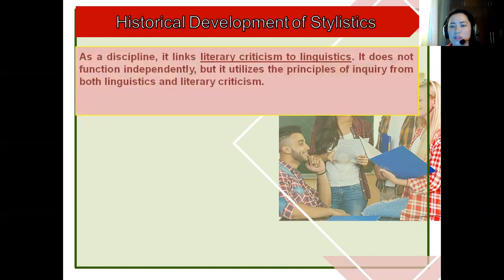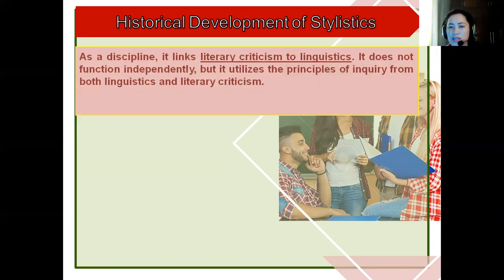Okay, so proceed to historical development. As a discipline, it links literary criticism to stylistics. It does not function independently, but it utilizes the principles of inquiry from both linguistics and literary criticism.